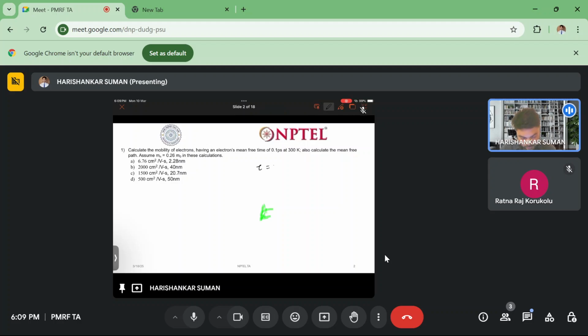Here tau is given: 0.1 picosecond, equal to 10^-13 second. Temperature is also given. Mass of electron equal to 0.26 times the rest mass of the electron.